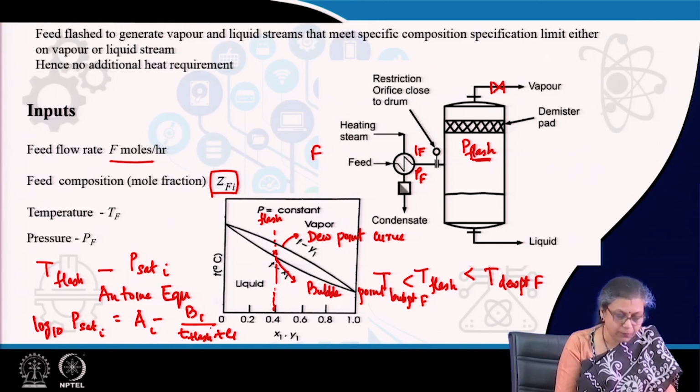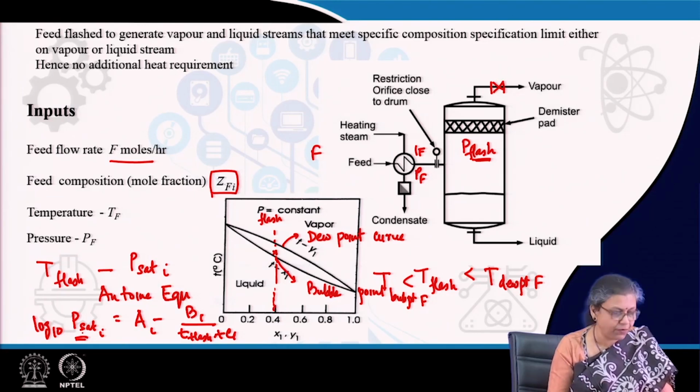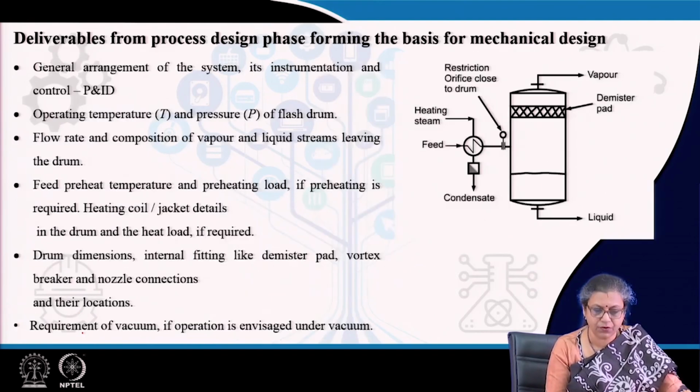So, once we know T flash, we can find out P saturated I for each of them.